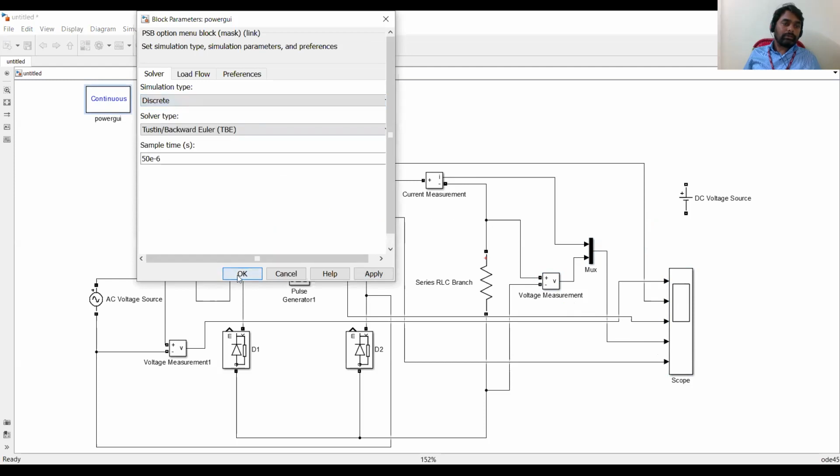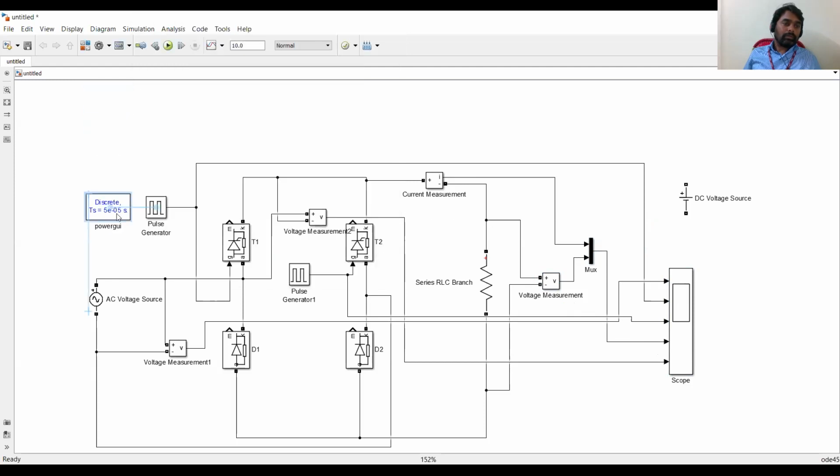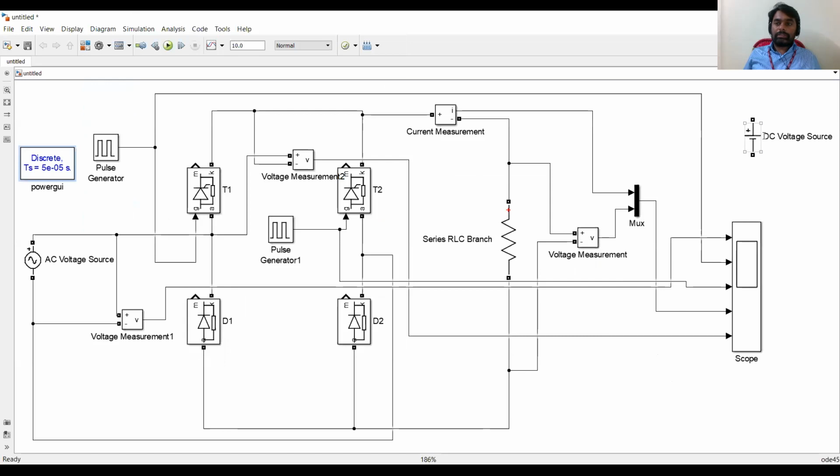Now we want to see the output responses, whether we are getting the same which we have seen in the Word document. Right, I want to run this for 3 cycles. 3 cycles means 20 milliseconds multiplied by 3, 60 milliseconds.